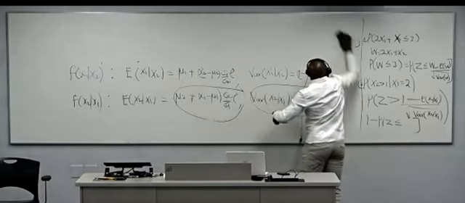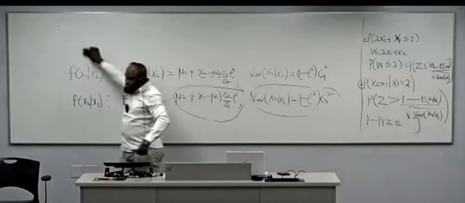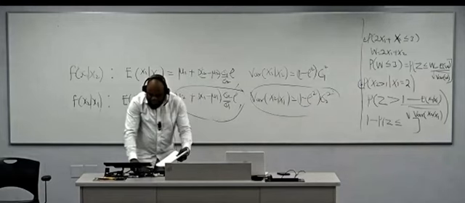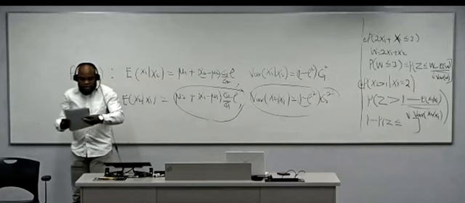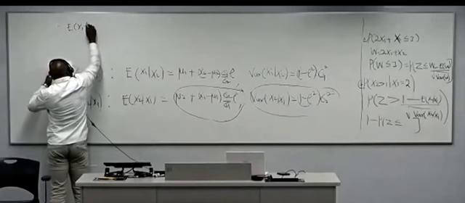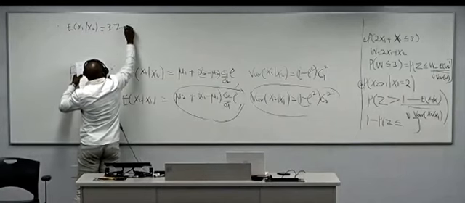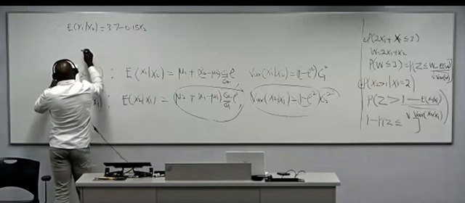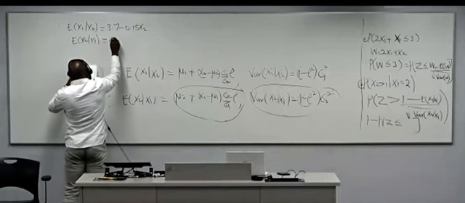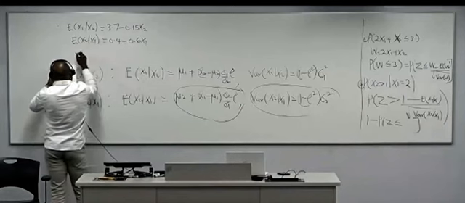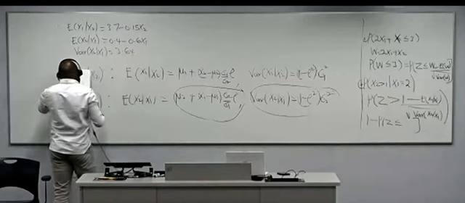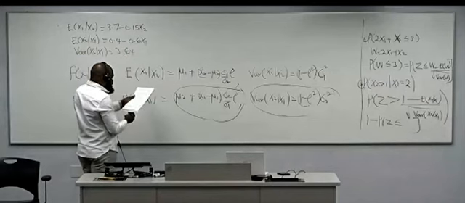You are given a question, and they said, given that the expected value of X1 given X2 equals 3.7 minus 0.15 X2, and the expected value of X2 given X1 is 0.4 minus 0.6 X1, and the variance of X2 given X1 is 3.64.